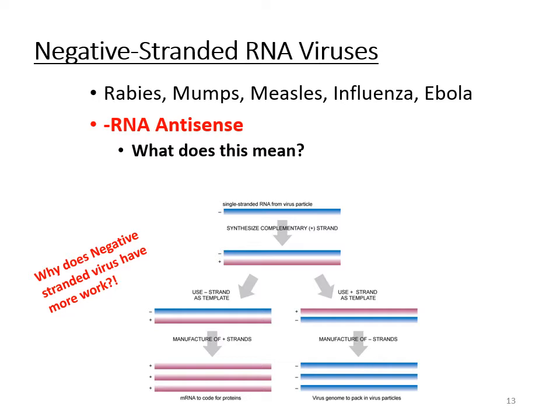So it has to become like a little factory, which you see in the figure on this slide, to make not only more of its genome, the negative strand, but also its complement, the positive strand, which makes proteins. So it's got extra work.